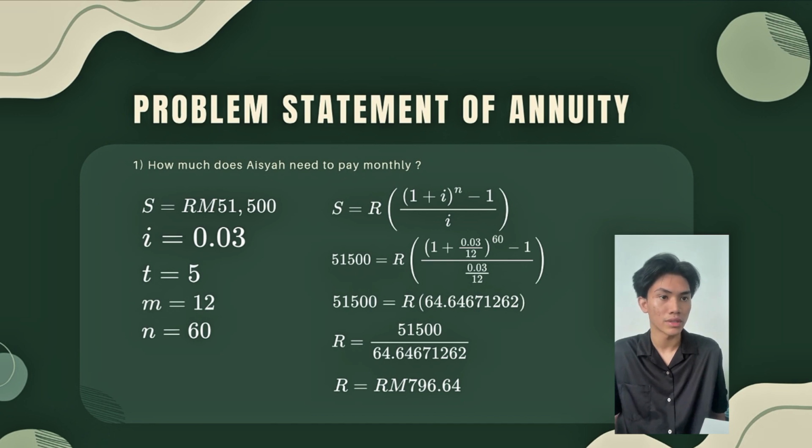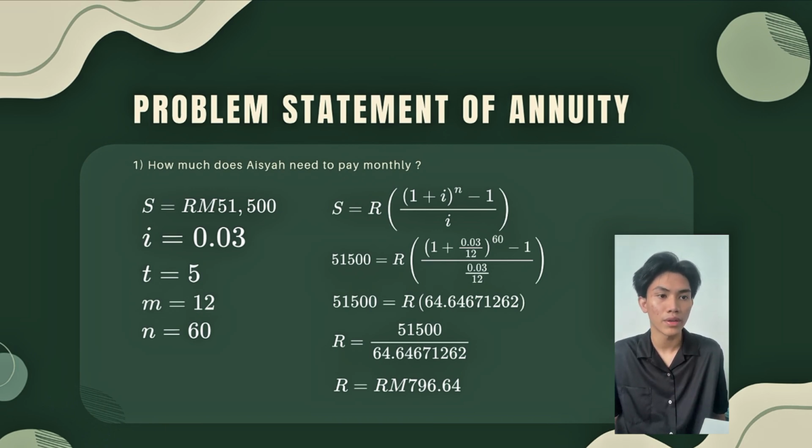So we got S equal to R, open bracket, open bracket, 1 plus I, close bracket, power N, negative 1 per I, close bracket.